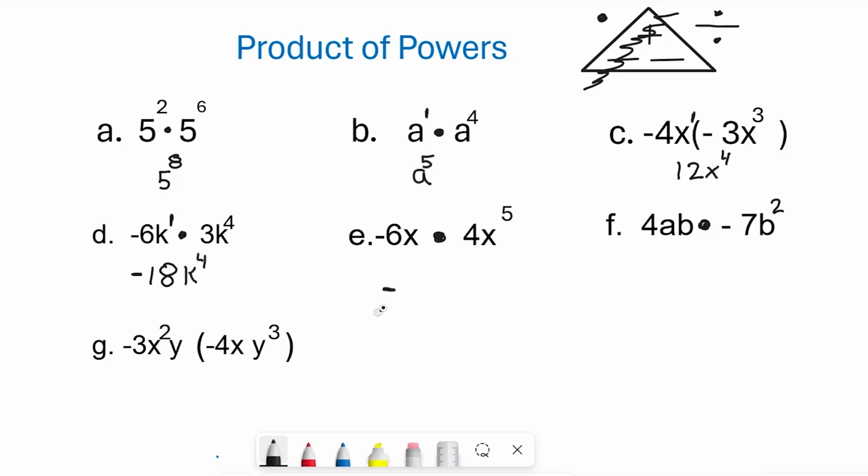What you do next? Multiply the numbers. 6 times 4, you get 24. So the answer should be -24, and then multiply the two powers.